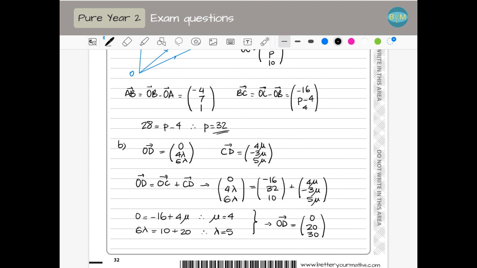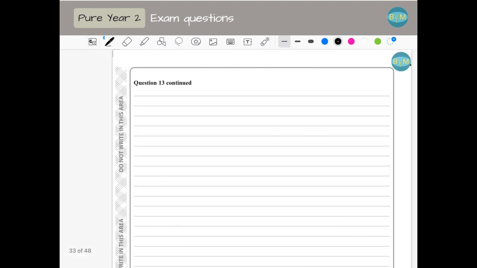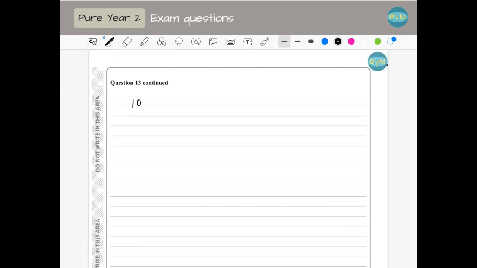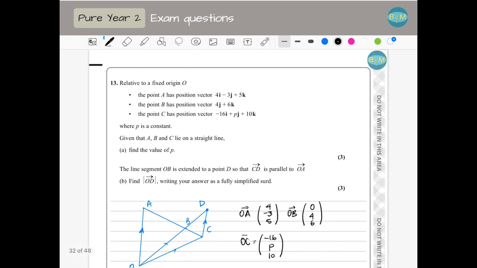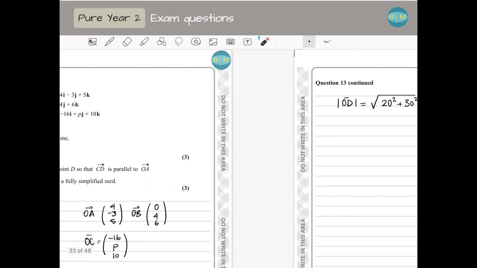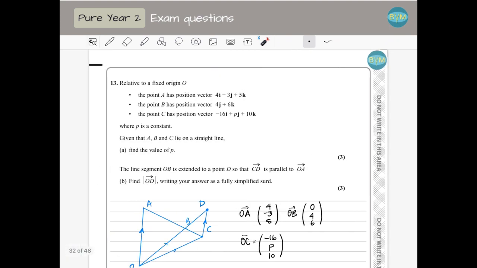The magnitude of OD is going to be the square root of 0 squared plus 20 squared plus 30 squared, which is 10 root 13. This is the magnitude. Writing your answer as a fully simplified surd, we are going to leave it this way. That's all with this question.